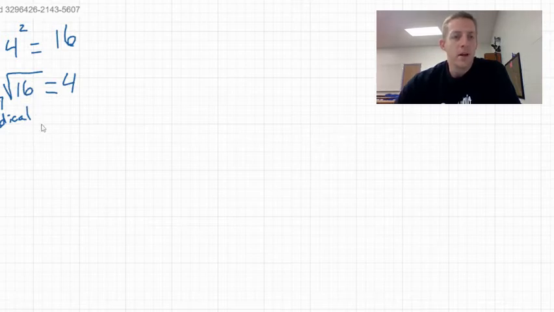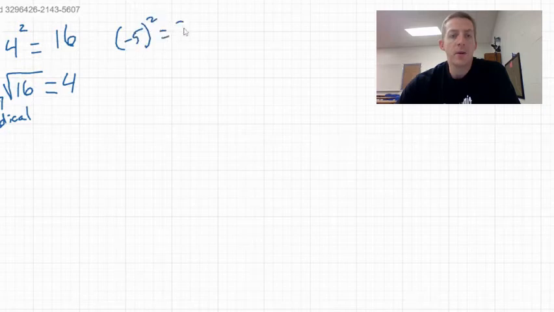With this, it is assumed that it's going to be a positive number. For example, if you take -5 and you square it, you will get 25. If you take 5 and square it, you're going to get 25.